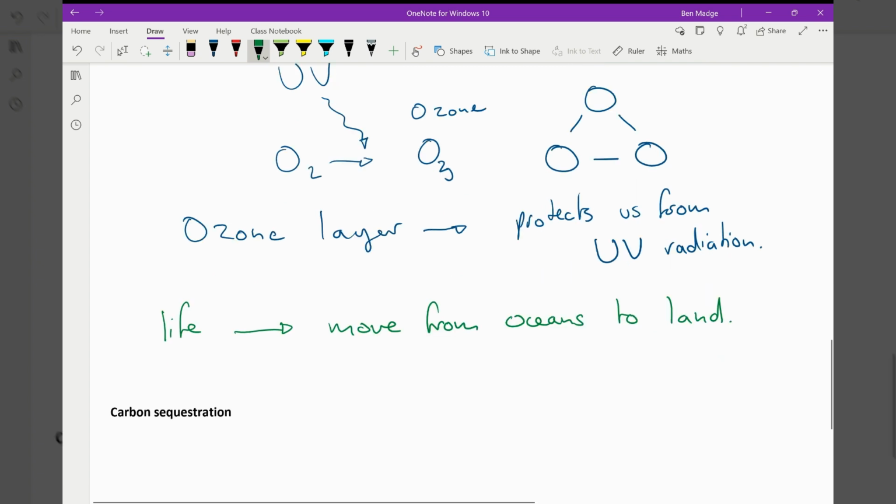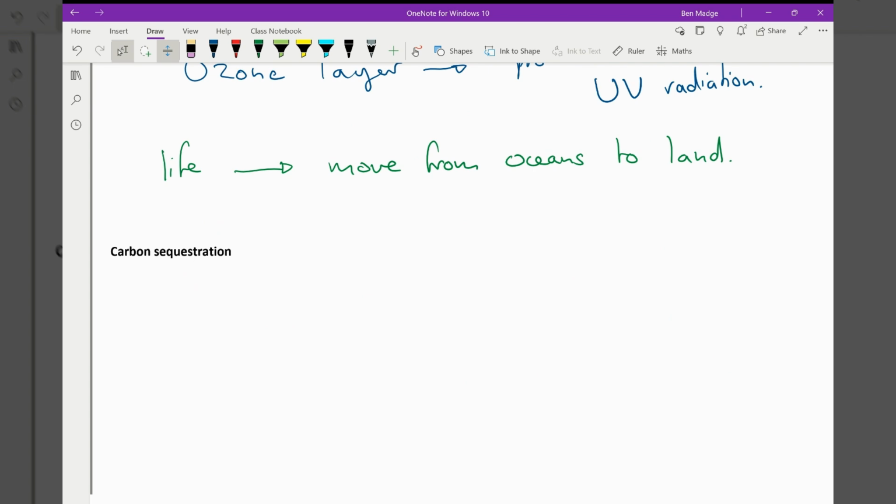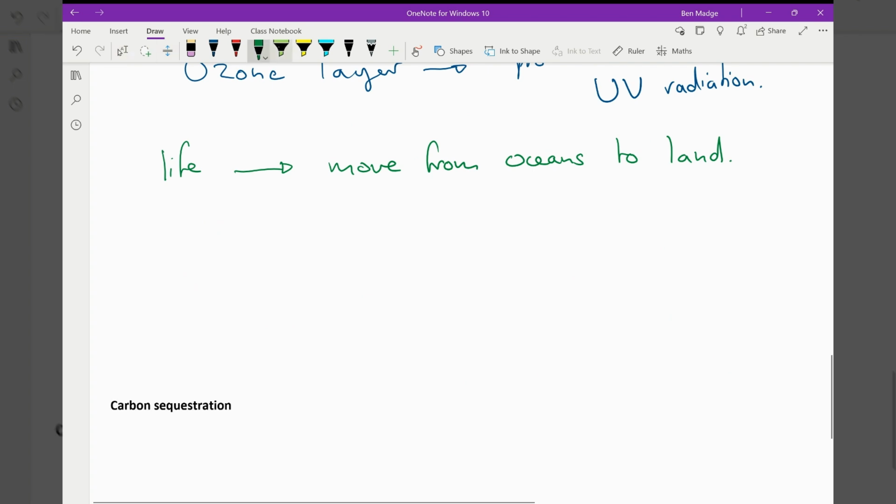The other thing that oxygen gives us the ability to do is have a more efficient metabolic process. So oxygen permits aerobic respiration.